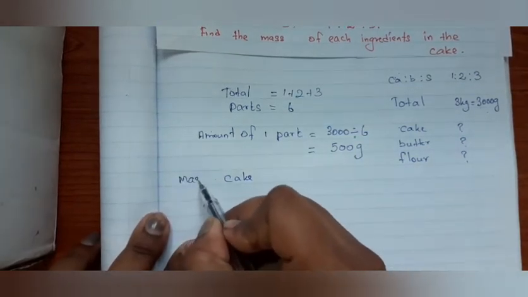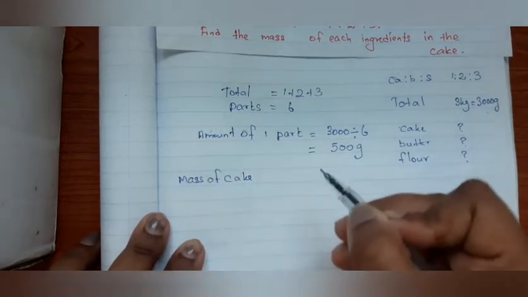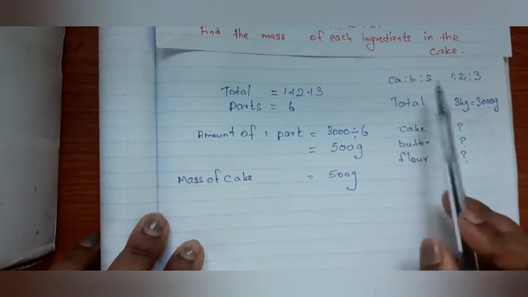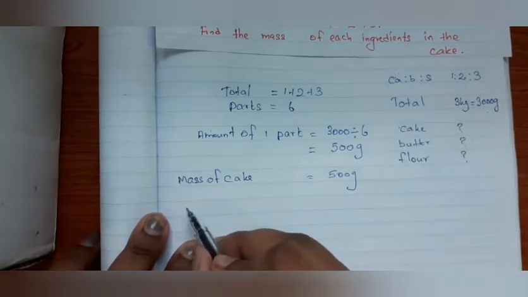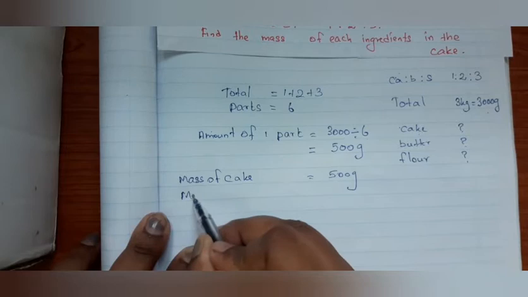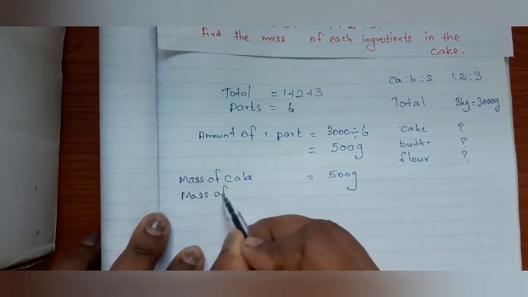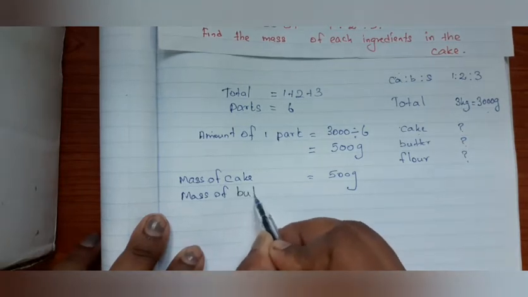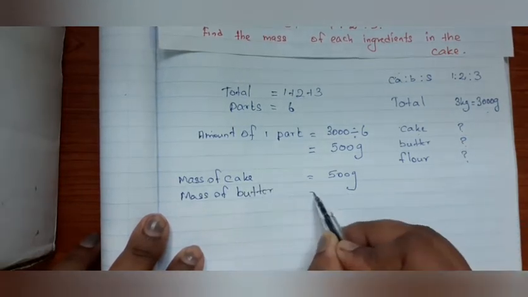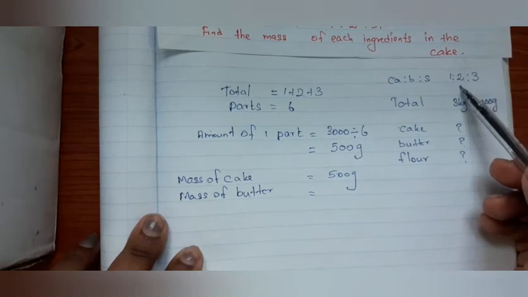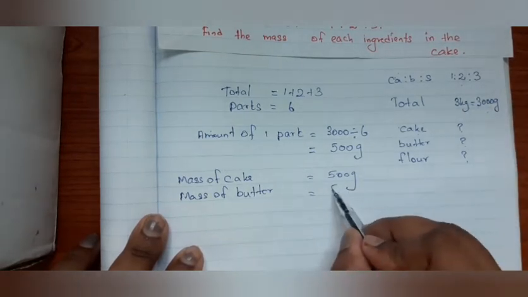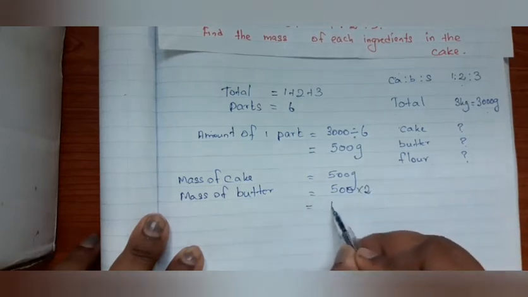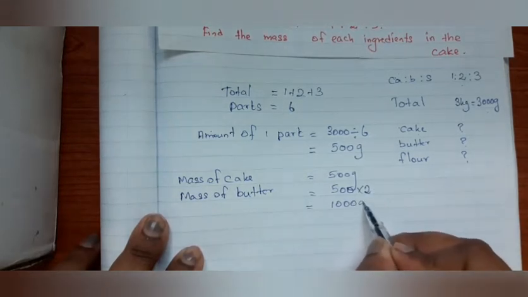Mass of cake equals 500 grams. Why? It itself is one part. The second one is the mass of the butter. Butter contains two parts, so 500 into 2, which is 1000 grams.